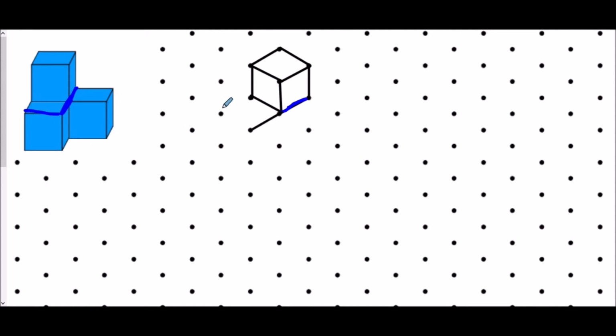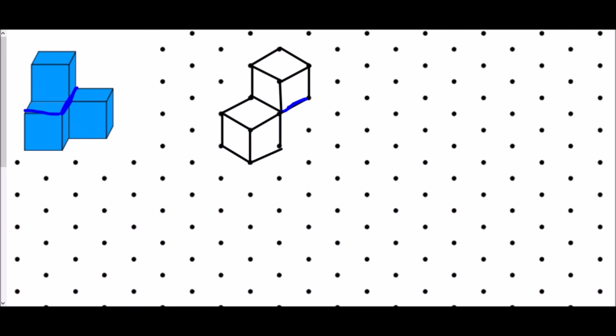And so we need to do that here as well. We need to continue it to the left. And what we'll notice is that this is actually the top of a new cube, and therefore that should be a diamond shape. The rest of the cube is visible, and therefore we just need to finish off our cube. And so there we go.